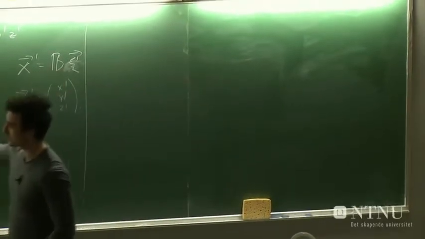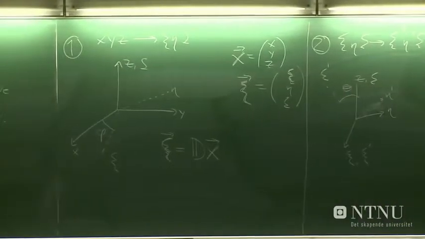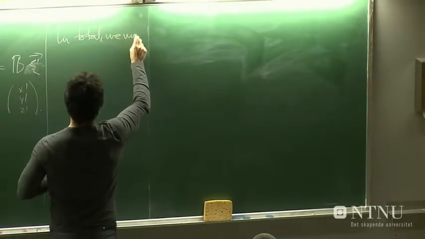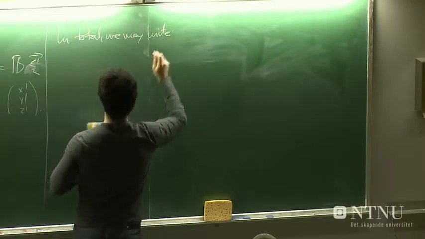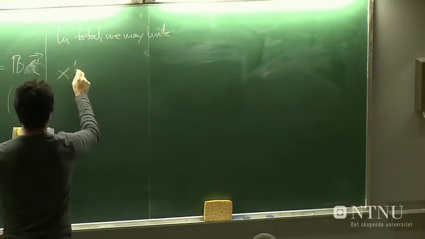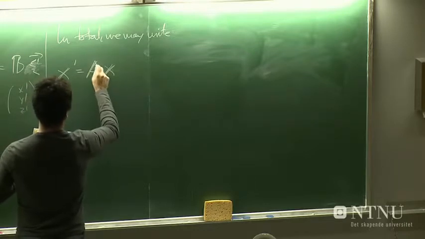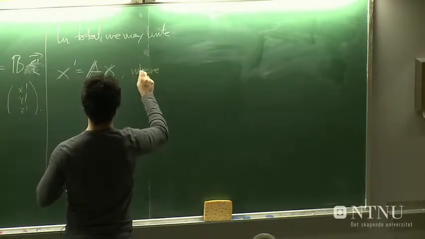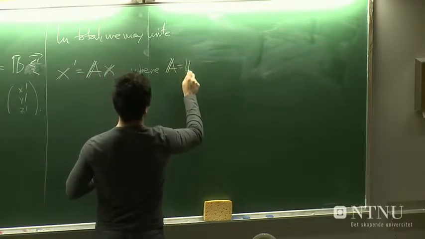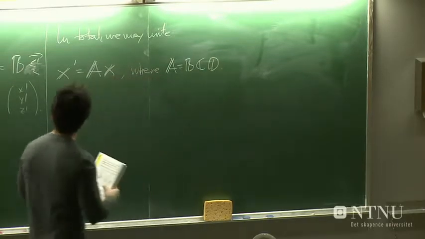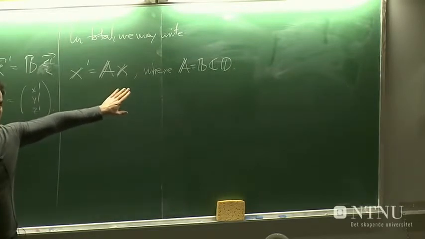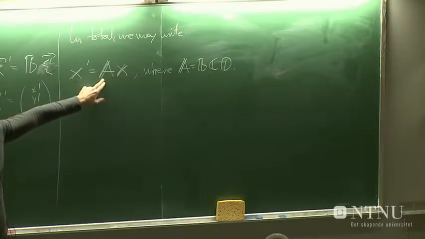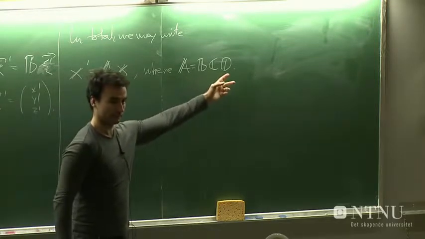So by combining these equations, we can write the rotation from the original system to the prime system as one effective rotation matrix, which is given like this.